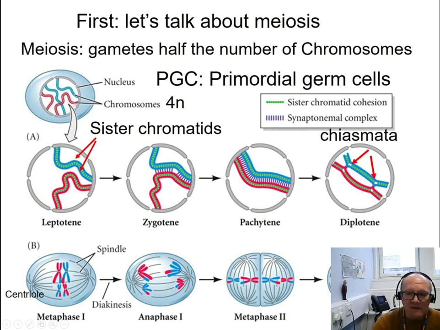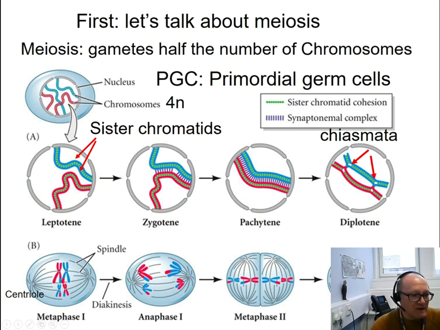Now, after the crossing over, so after the exchange of DNA, the duplicated chromosomes align on the spindle, which is a protein structure that is made from the centrioles. This protein structure forms a web, and the chromosomes align in the middle of the spindle.